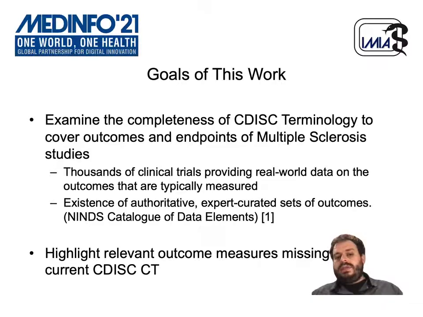And also there's a well-developed body of curated outcomes and data elements. This has been developed by the NINDS's catalog of data elements, which is openly and freely available on the NINDS's website.